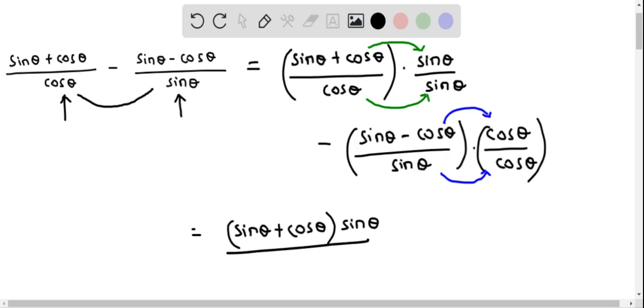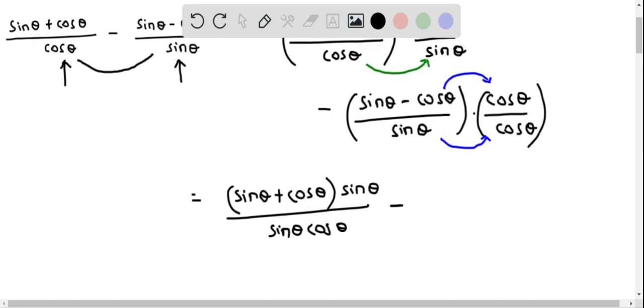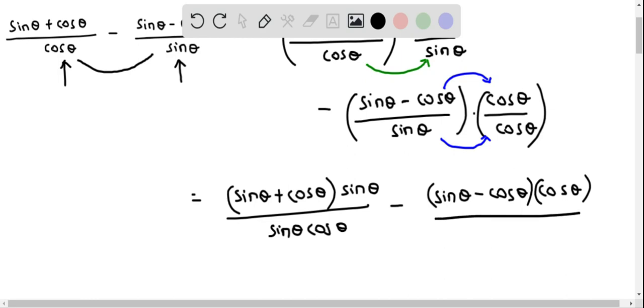If you multiply, we'll get cos theta times sin theta, which can be written as sin theta cos theta. We then have a negative, and let's multiply the numerator of the second term, that is sin theta minus cos theta, with cos theta, and this is over sin theta multiplied with cos theta. We get sin theta cos theta.